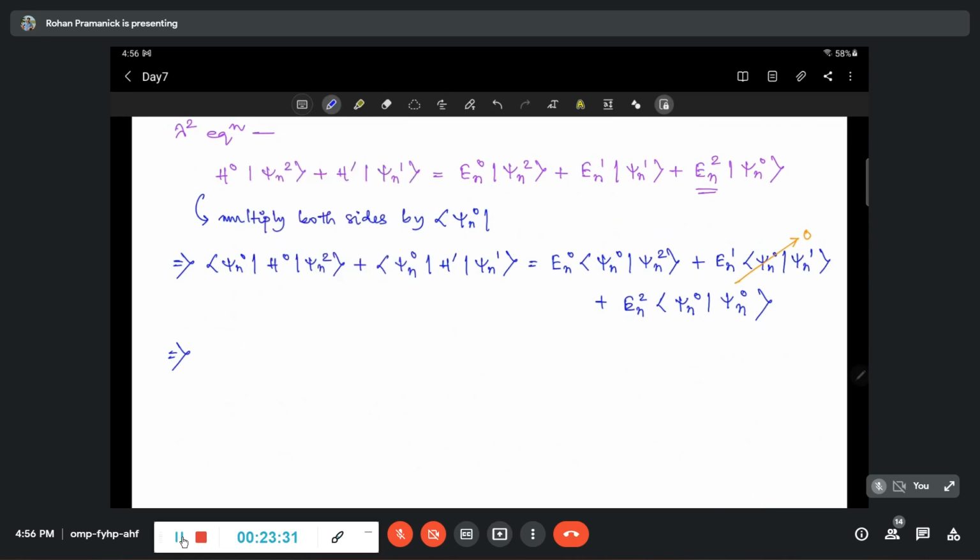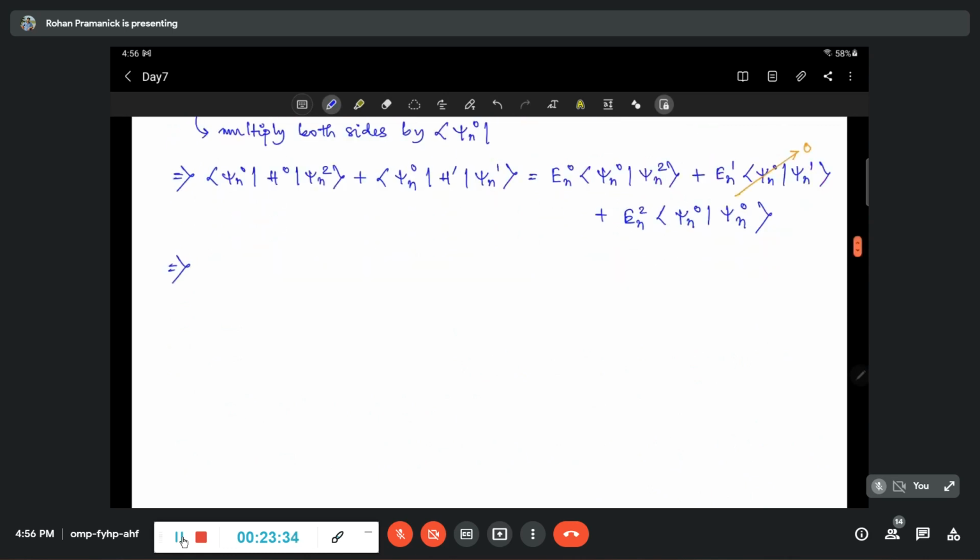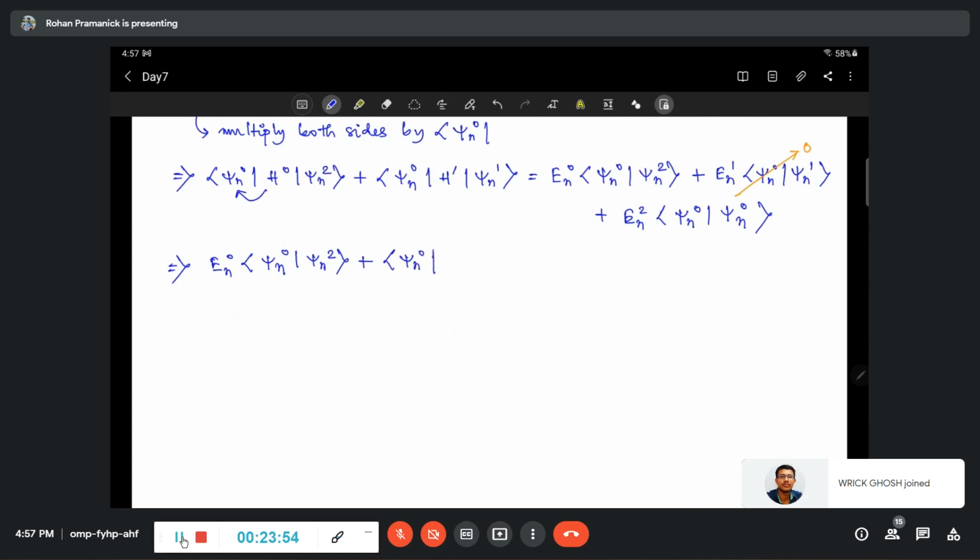Okay, fine. Now let's continue. H acting on this will pull out an En0 and give you psi n0, psi n2, plus psi n0 H prime, and we split m not equal to n, and we had all the cm's.